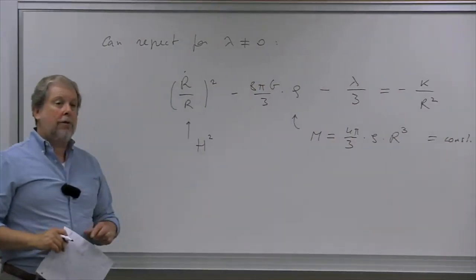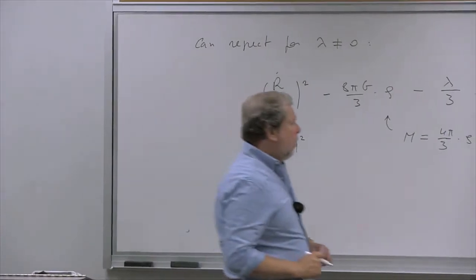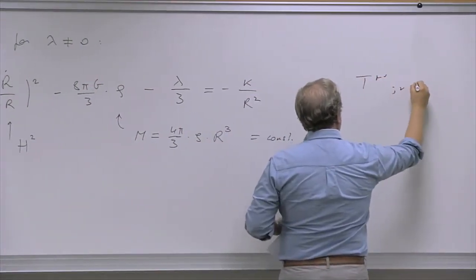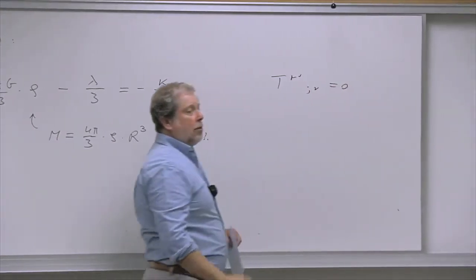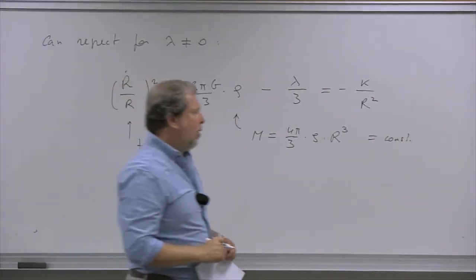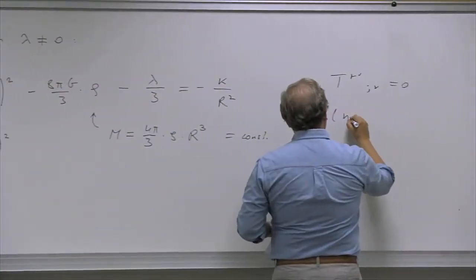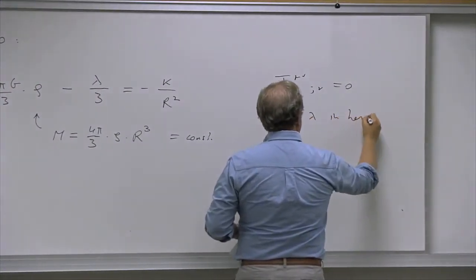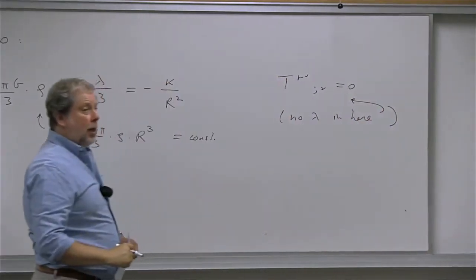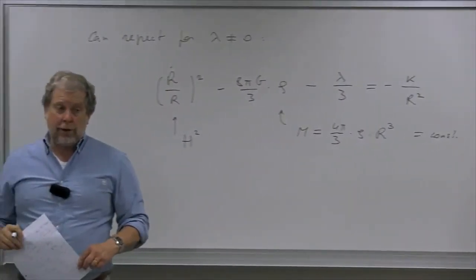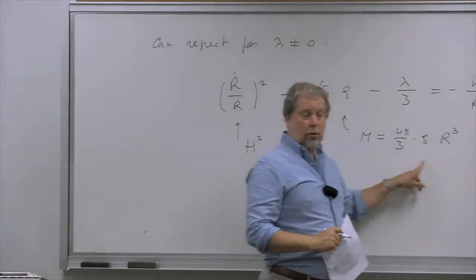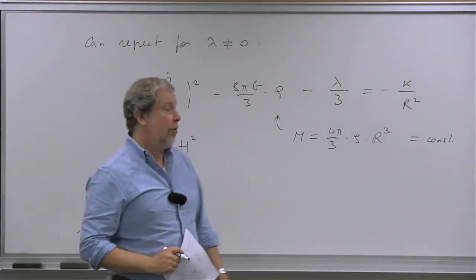By the way, energy conservation does not depend on lambda. The energy conservation states that T mu nu, semicolon nu, is equal to 0. So it applies to the energy momentum tensor for matter, whether relativistic or non-relativistic, and there is no lambda in here. That means this energy conservation is not affected in any way by the lambda term. And so this argument still goes through because it follows from energy conservation.